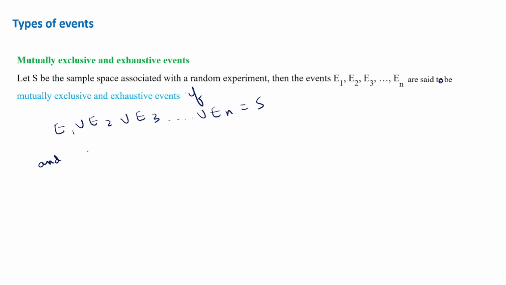That is, Ei intersection Ej equals phi where i is not equal to j. Here no two events have common outcomes. If this is the case, and their union constitutes the sample space S, then such events are called mutually exclusive and exhaustive events.